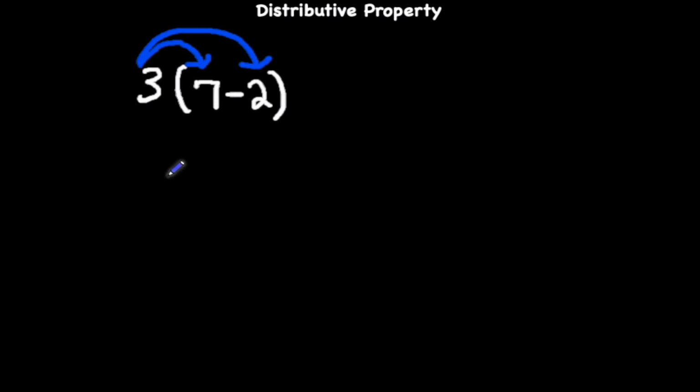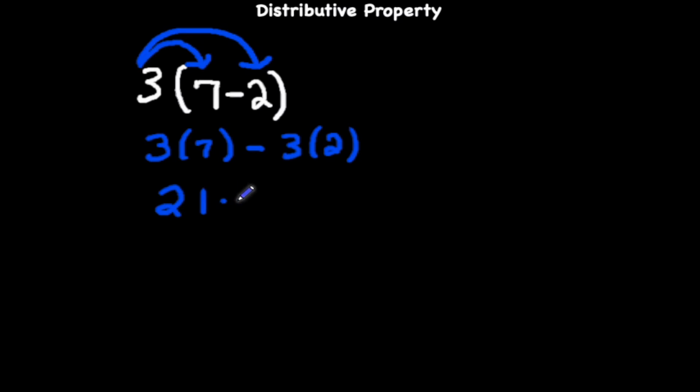So now we're going to multiply 3 times 7 minus 3 times 2. And notice we have subtraction here, right? So that means we're going to subtract the difference of the two products. So 3 times 7 is equal to 21, minus 3 times 2 is 6. And this gives you a difference of 15.